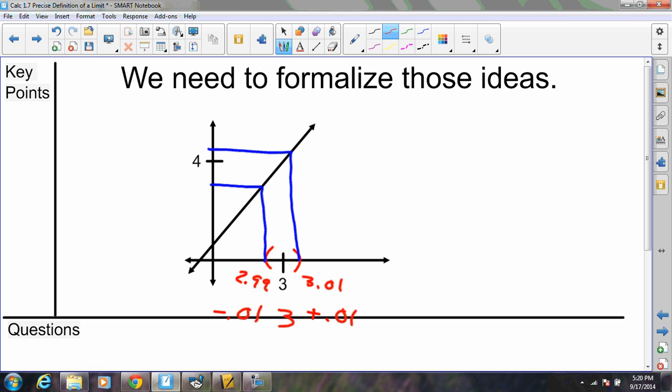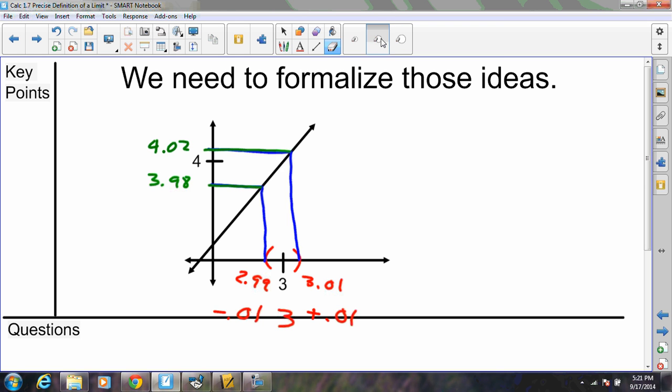We will have our value of 4 plus something, and we will have the value 4 minus something. This is the big idea behind what we want to formalize. If we are given a value that says, I want this bound on the y, on the limit, the up and down, if I want it structured to be something small, like specifically, I want this to be 4.02 and 3.98.